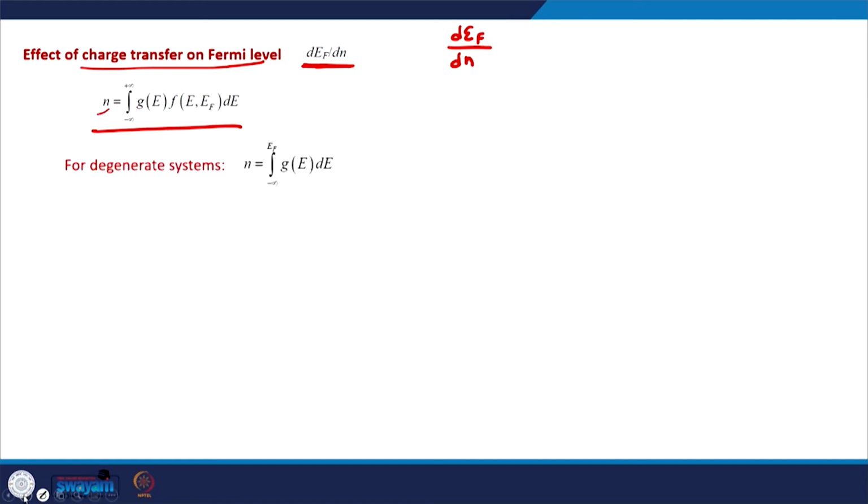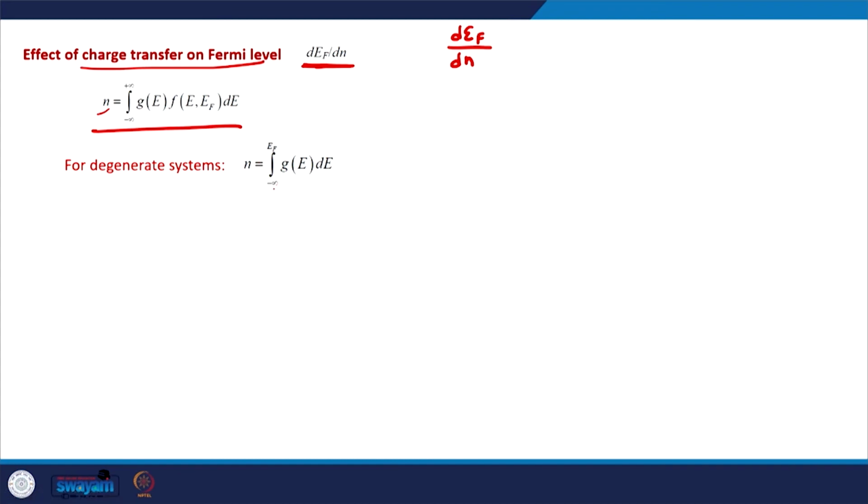So, in order to understand the effect of charge transfer on the Fermi level, we essentially need to calculate this quantity. How does the Fermi level change with respect to the change in charge? And this will come from this relationship between the number of electrons and the Fermi function. If we take a derivative, generally in most systems the derivative will be taken a little later.